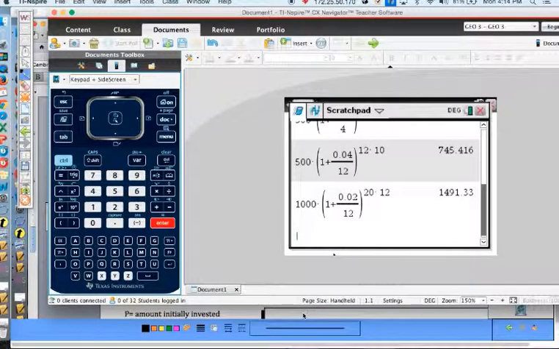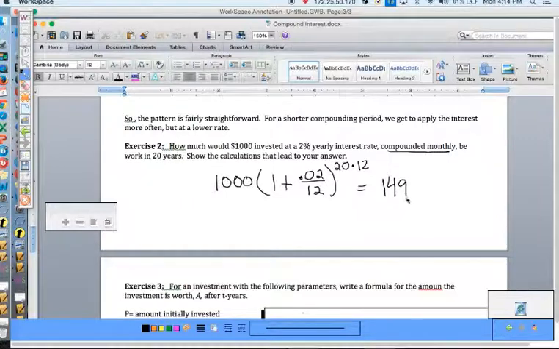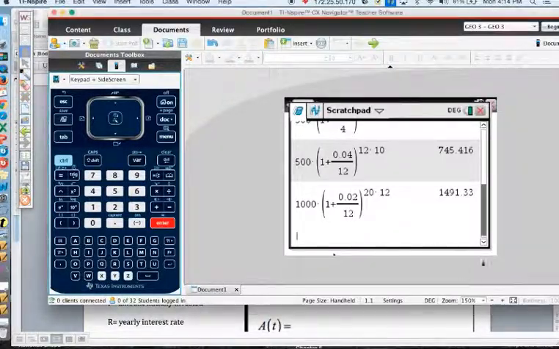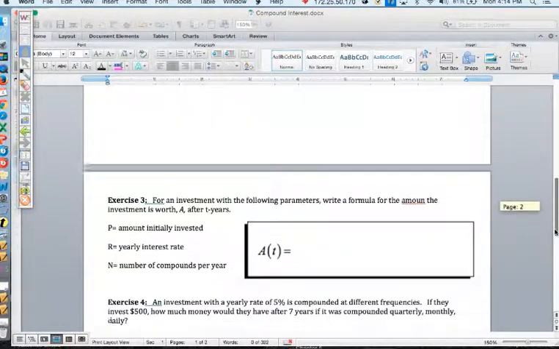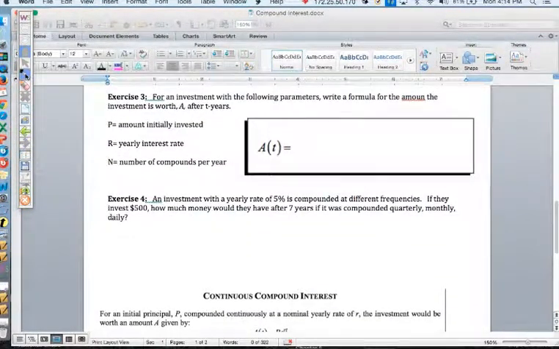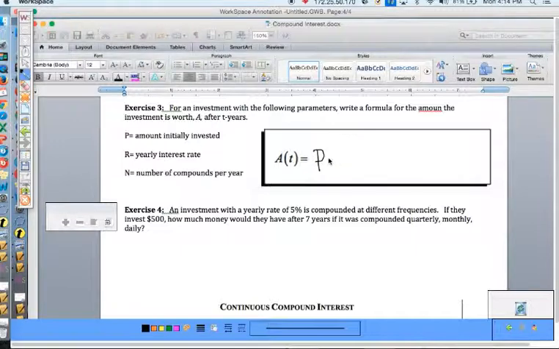So $1,491. So if we were to generalize this, as it says on the next page, how would we generalize this? Well, we start with our principal, and it's 1 plus, we take our rate, but we divide it by how many times we're checking it, and then it's to the n times t.